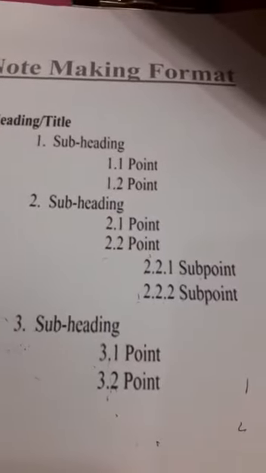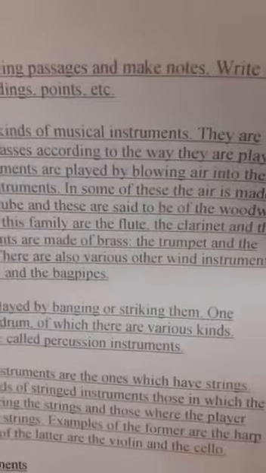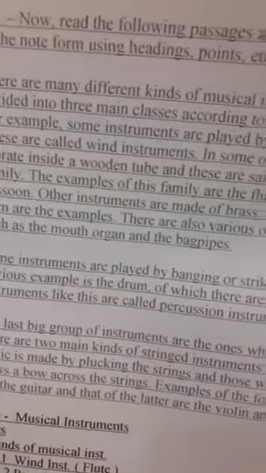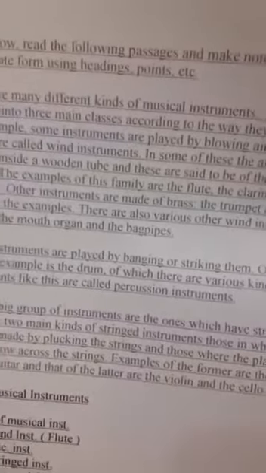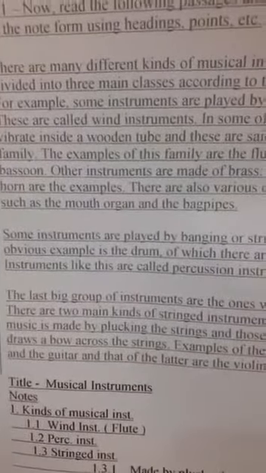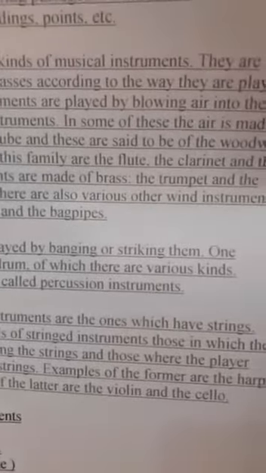Look at the example. See, I am showing you one paragraph. You get this passage. See the question: read the following passage and make notes. Write them in note form using headings and points, etc. See, there are many different kinds of musical instruments.